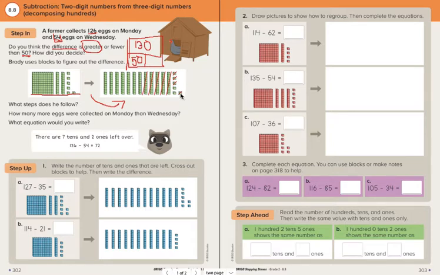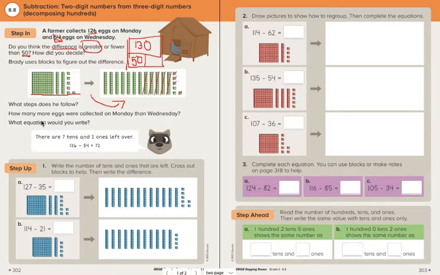And now in a snap, he can take away his 54. Okay, so what steps did he follow? He followed the regrouping steps, trading in that 100 block for 10 tens blocks, right? And then all he had to do for the final step was cross out his 54.